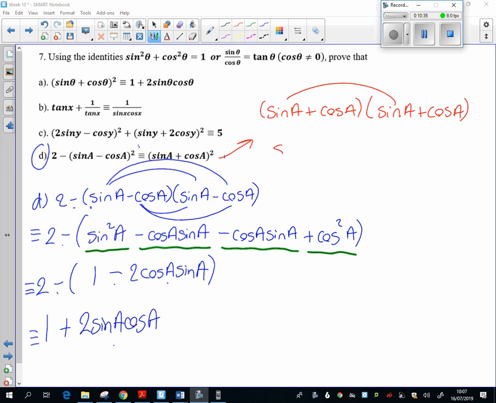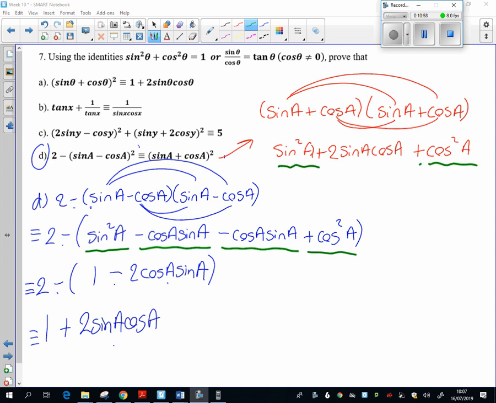Okay, so I've got sine A times sine A. I've got sine A times cos A. I've got sine A times cos A again, so just to save a tiny bit of time, I'm going to switch that to a 2, and I've got cos A times cos A. Then sine squared A plus cos squared A is 1, so that is 1 plus 2 sine A cos A. So that's fine. I've convinced myself that they're the same thing.